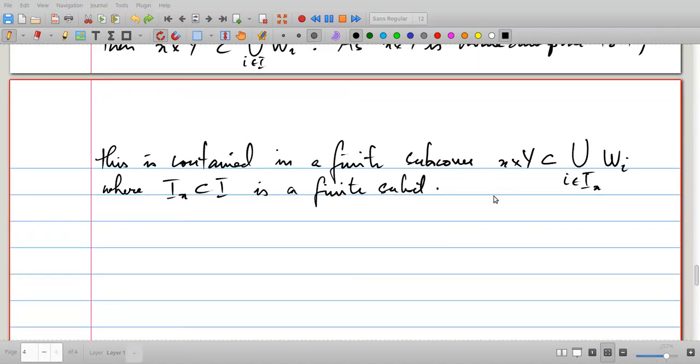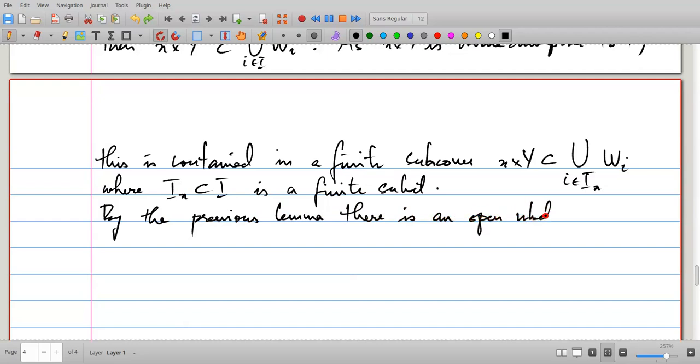So by the previous lemma, there is an open neighborhood U_x of x such that U_x cross Y is contained in this finite union.